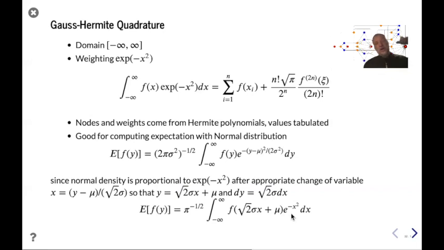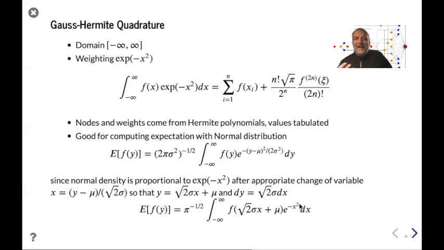So what do you have? You have pi to the power of minus 1/2, so 1 over the square root of pi, times this integral, which is some function of a variable x that we want to integrate over from minus infinity to plus infinity, times e to the power of minus x squared.